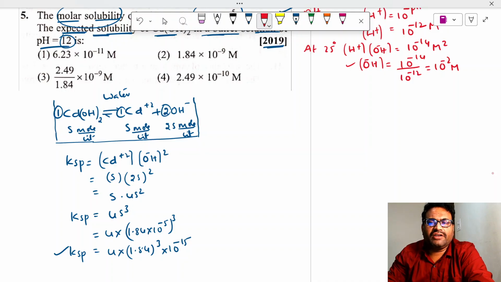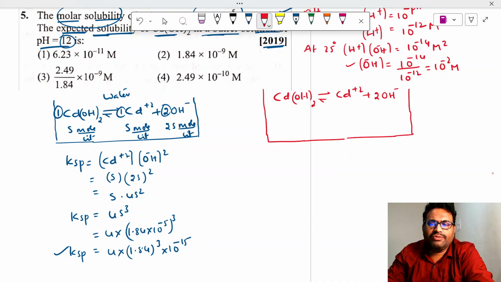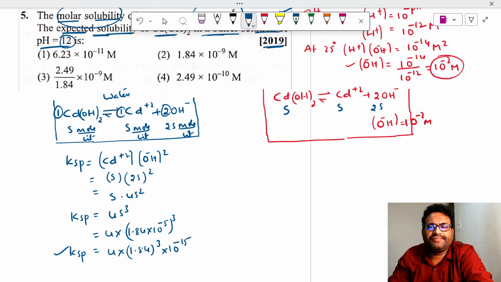Here cadmium hydroxide is again dissolving to Cd plus 2 plus 2OH minus. But already in the solution, OH minus ion concentration is present. How much? 10 power minus 2. And we know that S moles per liter produces S and 2S.